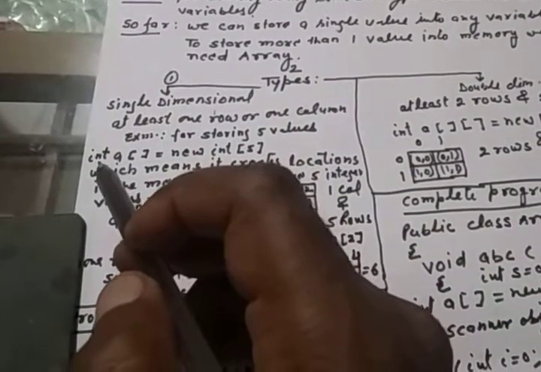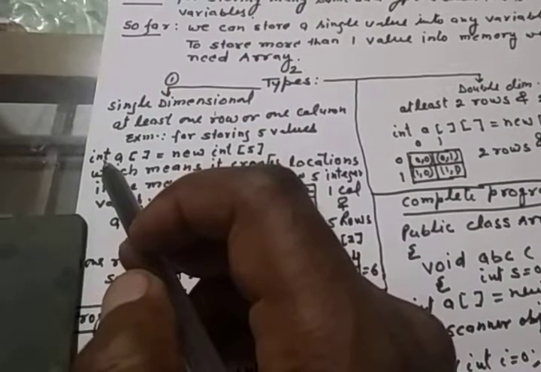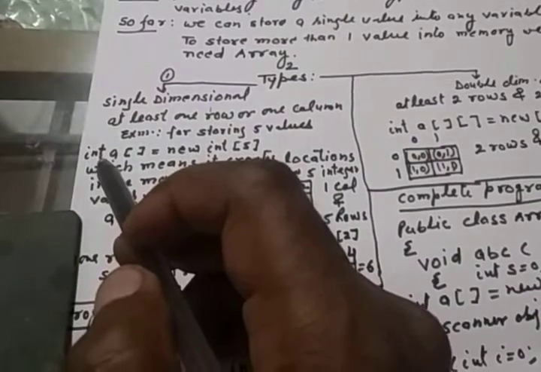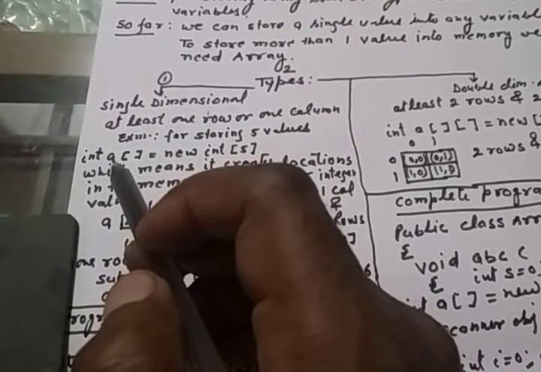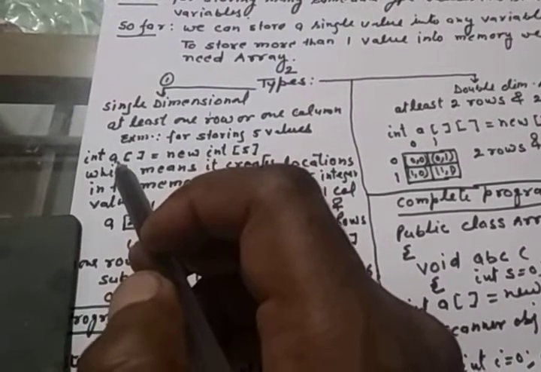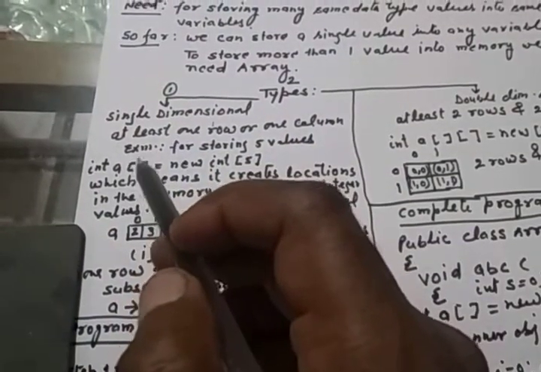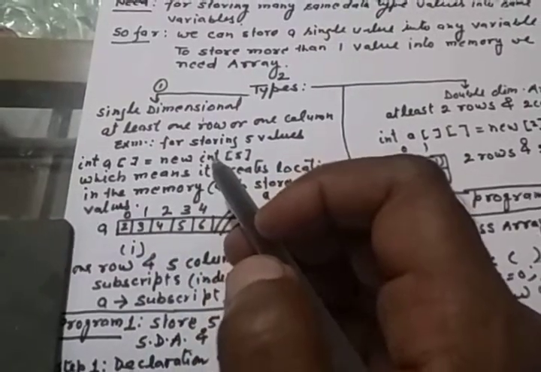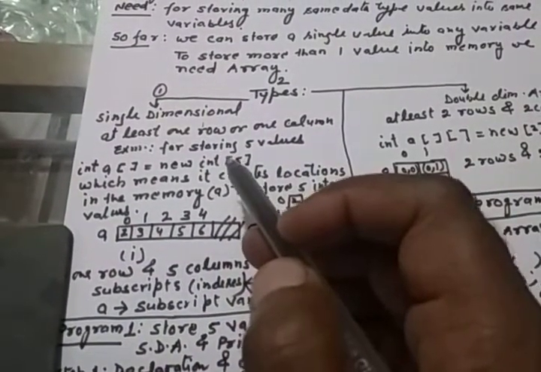Which type of value do we want to store in the array? Integer type. So we will write int, then the array name.